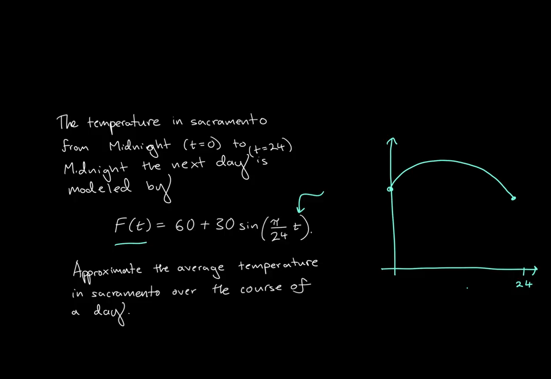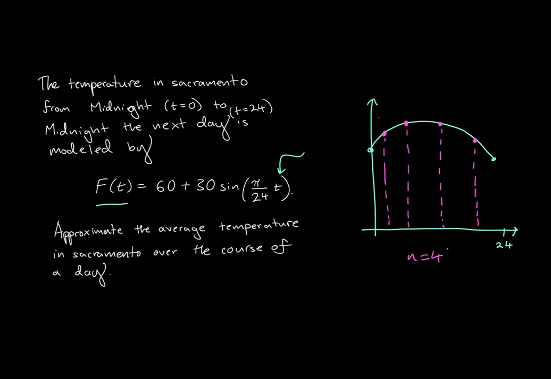Well, in the spirit of what we've been doing recently, we're going to grab maybe, I don't know, 4 test values, something like this, and then just average those. So we'll start with n equals 4. Call these f of t1, f of t2, f of t3, and f of t4.